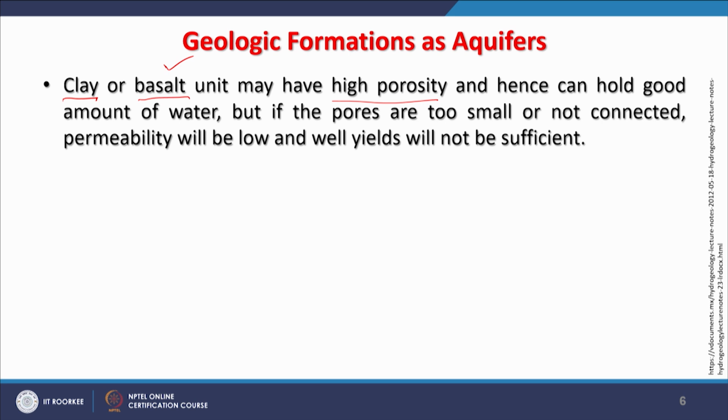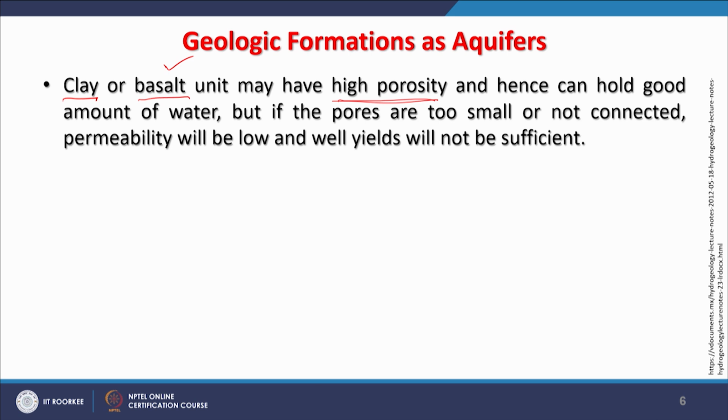When the lava came on the surface, whatever gases it was carrying escaped, and now you have just pore spaces left. These pore spaces, if there is some connection, can serve as a good aquifer. So, high porosity in rocks like clay and basalt.